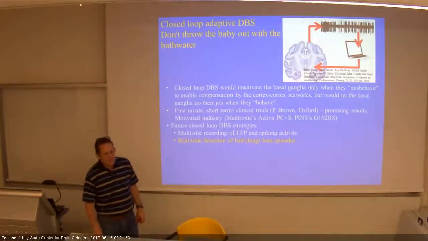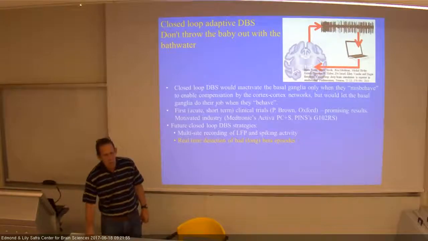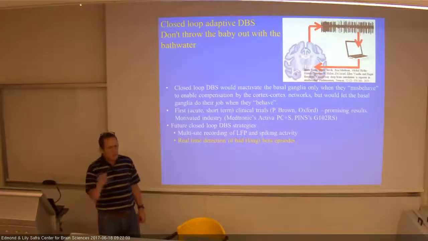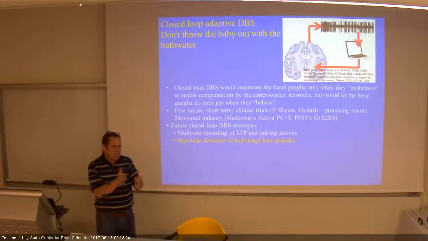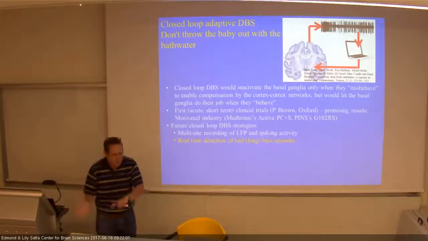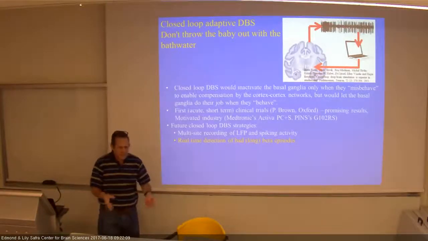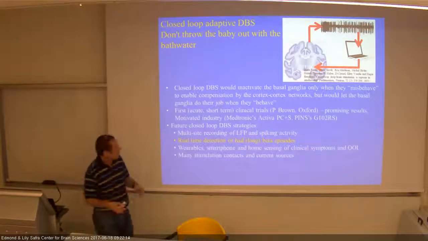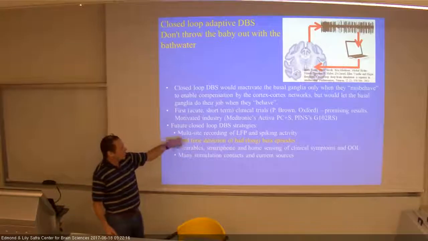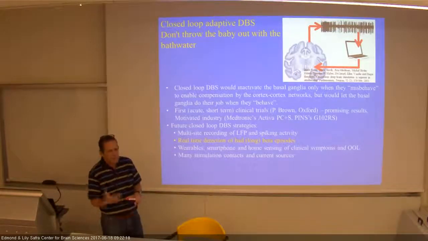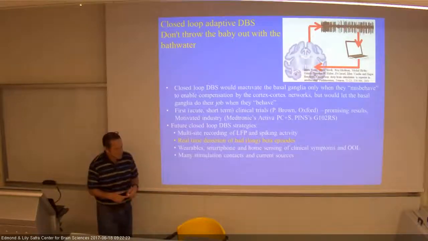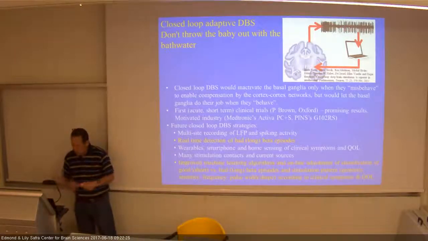And the bad guys, in our opinion, are the long episodes, so we can make the difference between short and long episodes of beta synchronized oscillation, and say the long episodes are the bad guys and you should target those. Moreover, we should use wearable smartphone home sensing of the clinical symptoms and quality of life of the patient. We should have many stimulation contacts and current sources, not only 4.